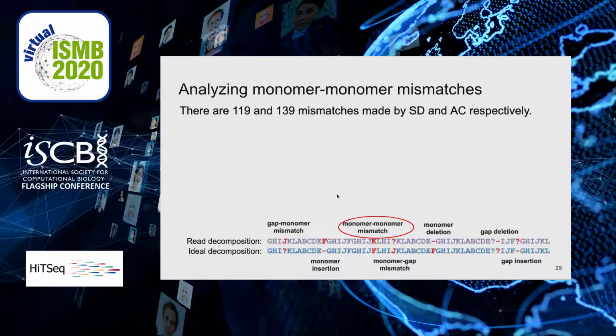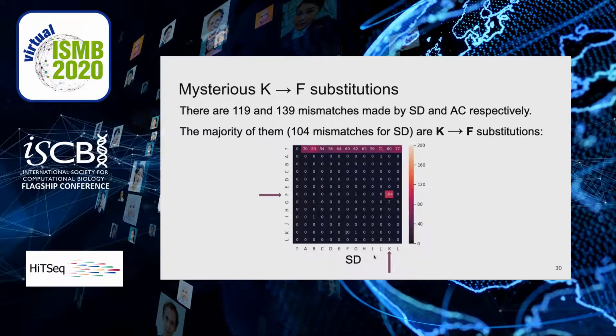The number of monomer-monomer mismatches is about 100 for both tools. If we build a substitution matrix, we will see that most of them are created by substituting monomer K in assembly by monomer F in reads.